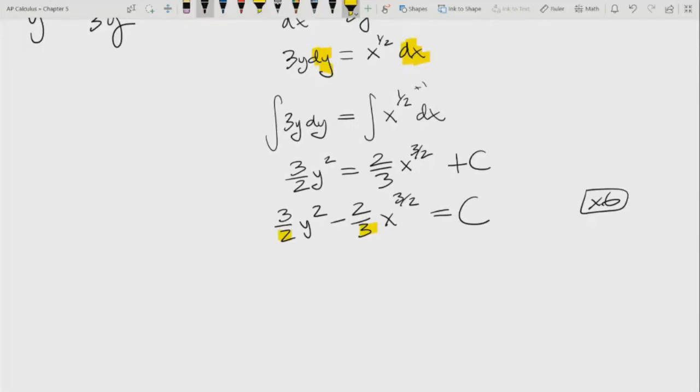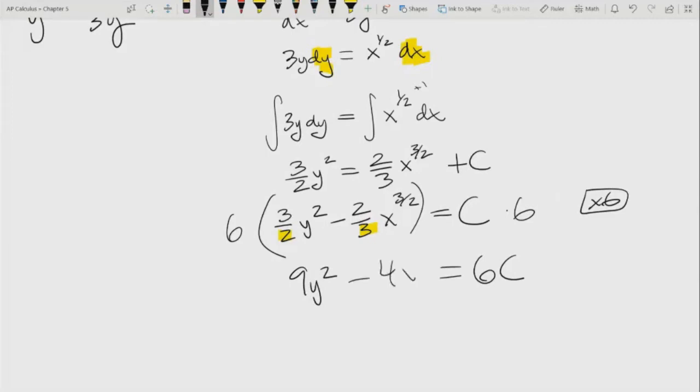And if I multiply everything by 6, this will be 6c, and this 6 divided by 2 is 3 times 3 on top. It would be 9y squared. This cancels out and makes 2, so it'd be minus 4x to the 3/2. Now, instead of just saying 6 times c, let's say this was like a c1 earlier here.